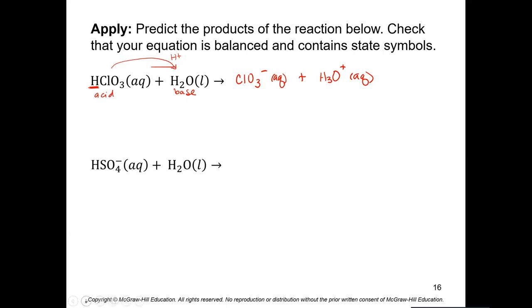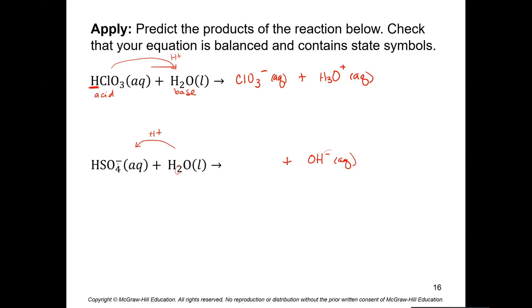Let's do another example. Here, HSO4- can donate and accept a proton. We're going to do an example where it accepts a proton from H2O, so H2O is going to donate that proton. Because it has donated that proton, H2O is going to become OH-. It lost a hydrogen, but on top of that, it also lost a positive charge, which is why now it has an overall negative charge. This is going to be aqueous.